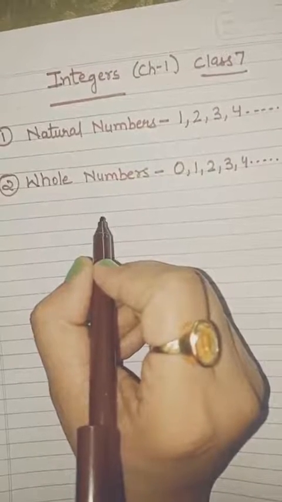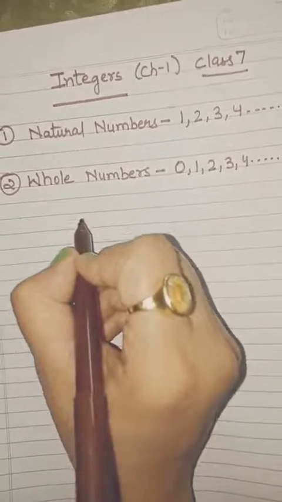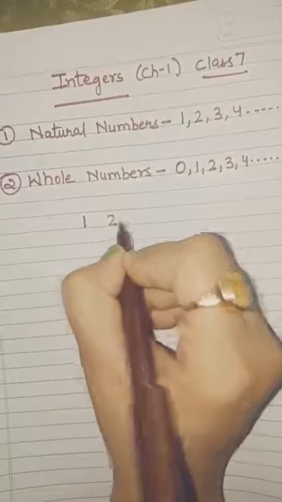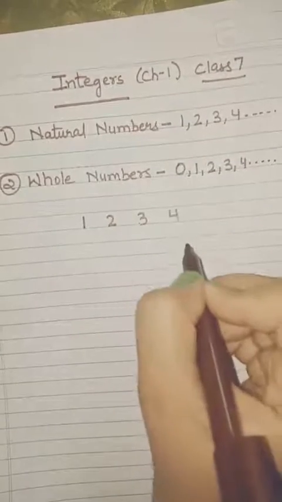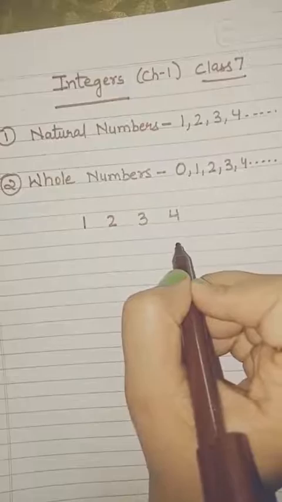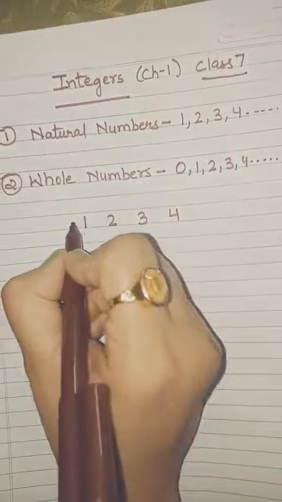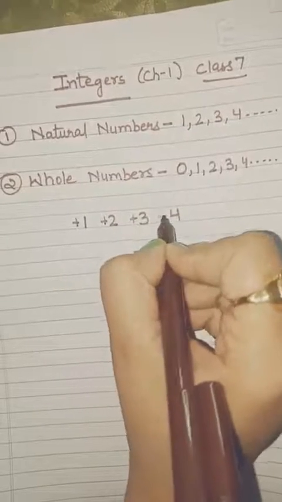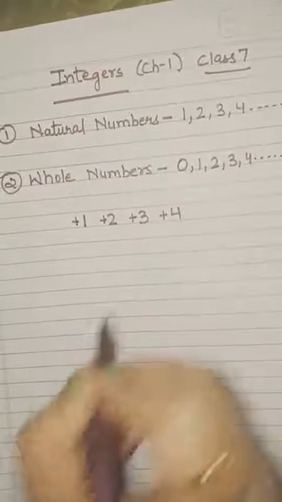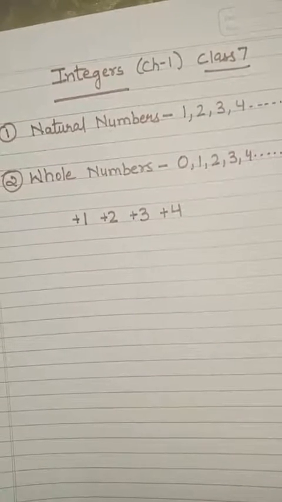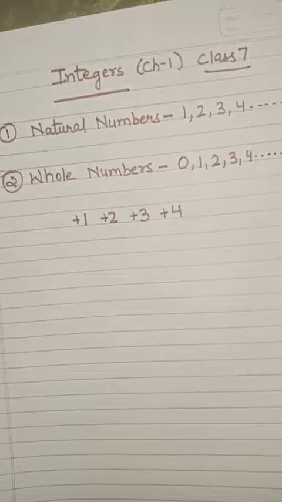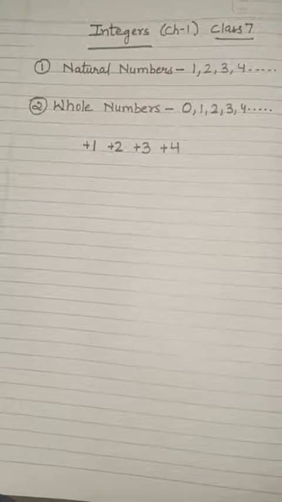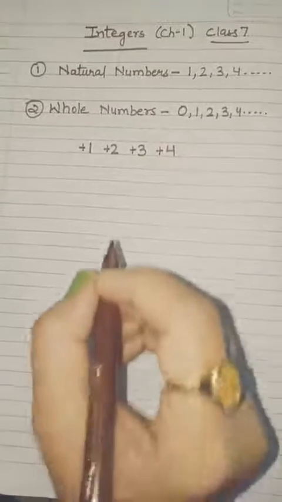One more thing we have to learn is when we see a number 1, 2, 3, 4 without a sign, that means we have to assume it is a positive number. So +1, +2, +3 and so on are positive integers.